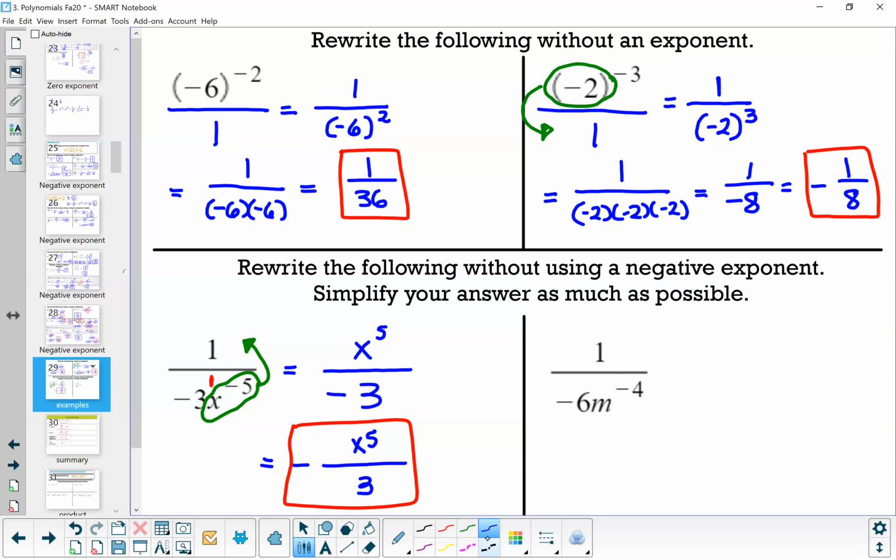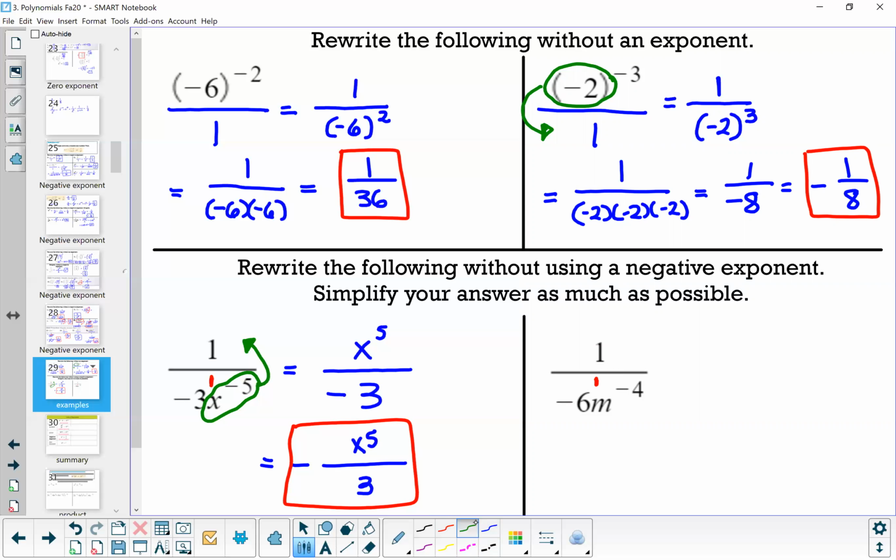All right, second one, we have 1 over -6m to the -4. All right, so when I rewrite my question, I want to remember -6 is to the first power, not to the -4, because it's not inside of parentheses.